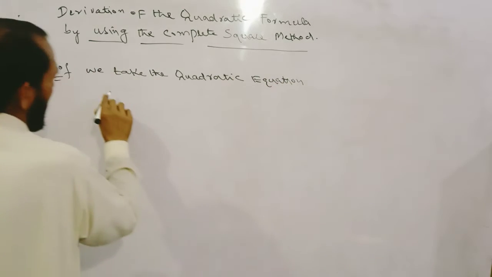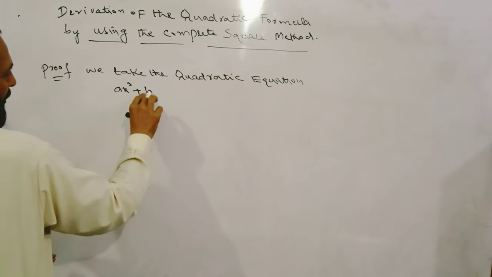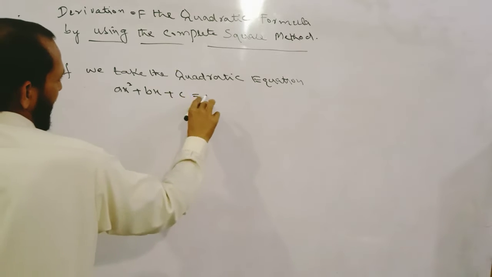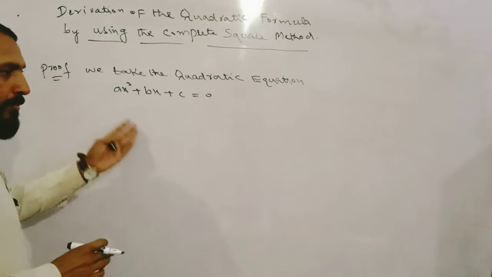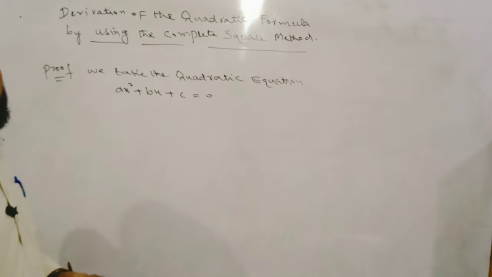We take the quadratic equation in general form, ax square plus bx plus c is equal to 0. This is the main form of the quadratic equation.